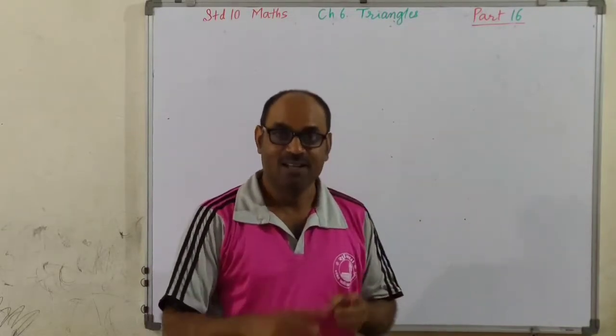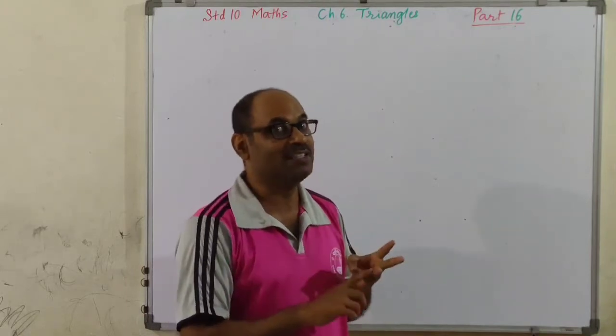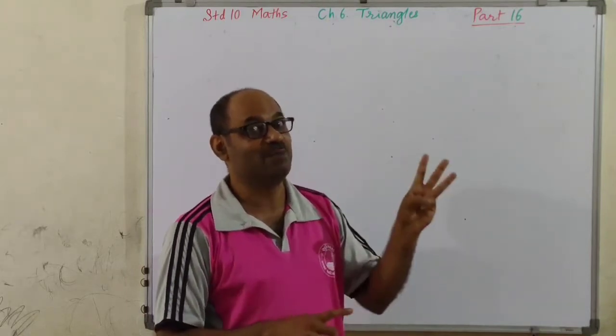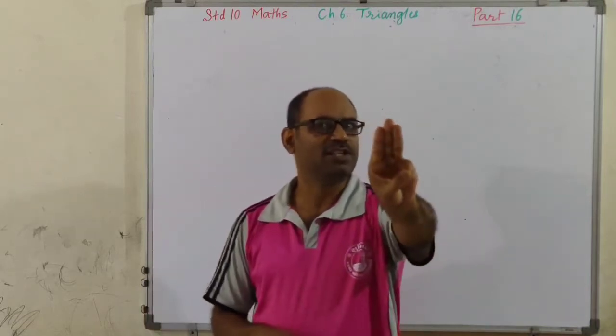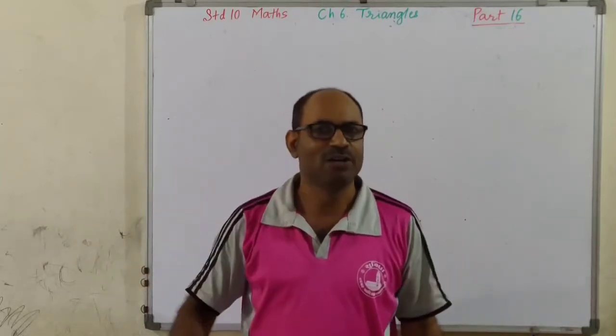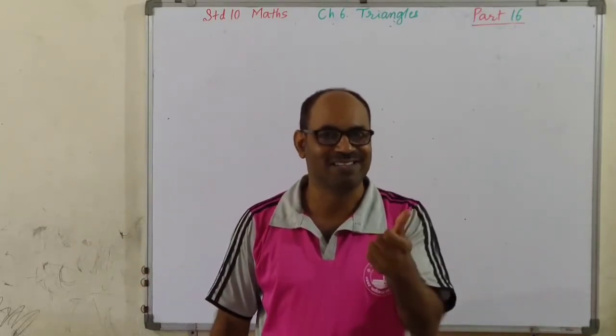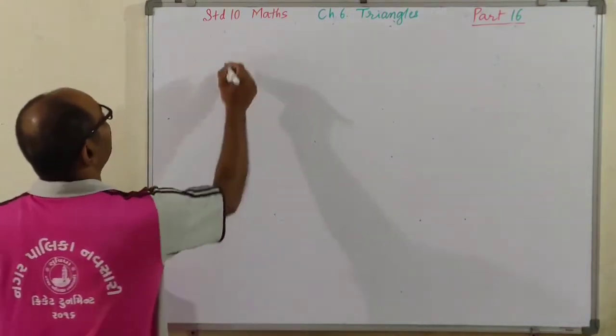Very important. Theorem 6.1, Theorem 6.6, and now it is Theorem 6.9. If you have prepared these three theorems well, you are going to score 4 marks in this theorem. Okay? Now I will draw that figure.